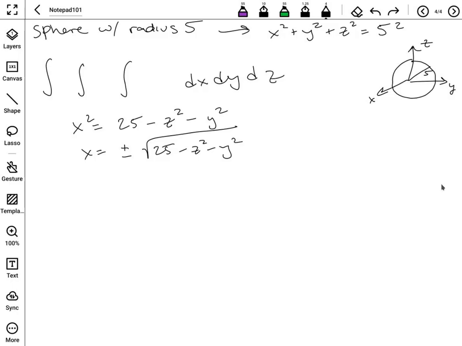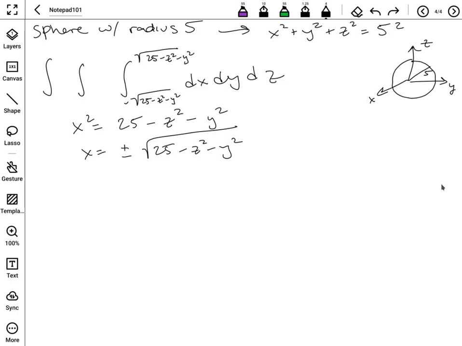So the positive branch is the top part of my sphere, and the negative branch is the bottom part of my sphere, like below the xy plane. But this tells me my upper and lower bounds for x: minus root 25 minus z squared minus y squared, positive root 25 minus z squared minus y squared.